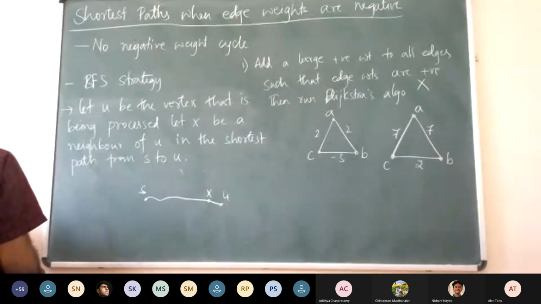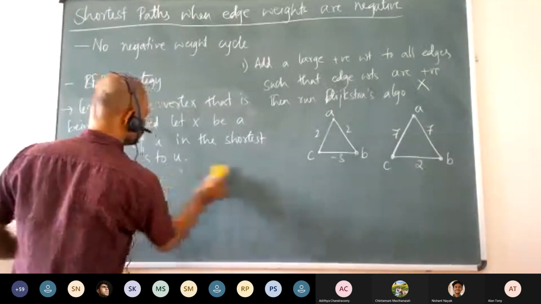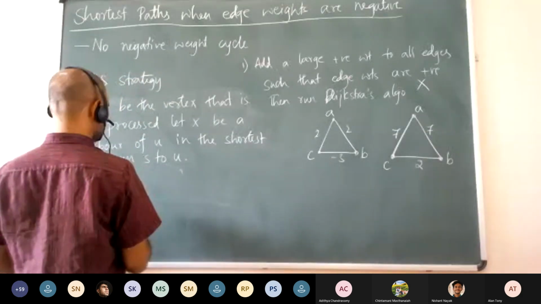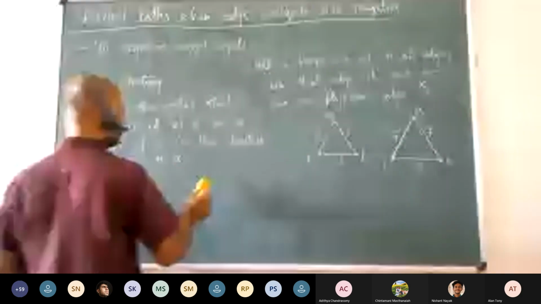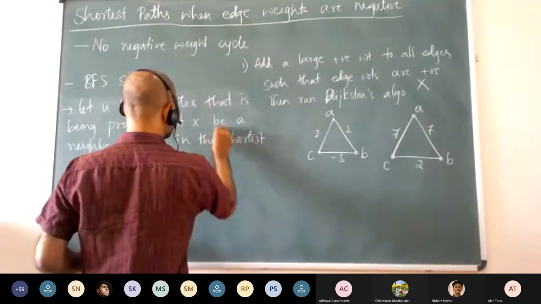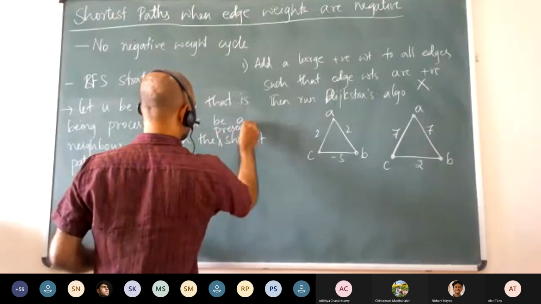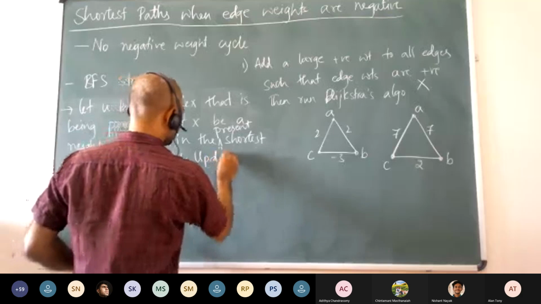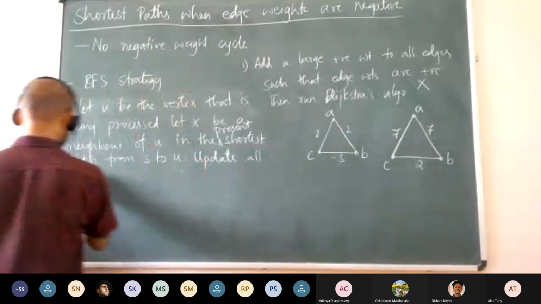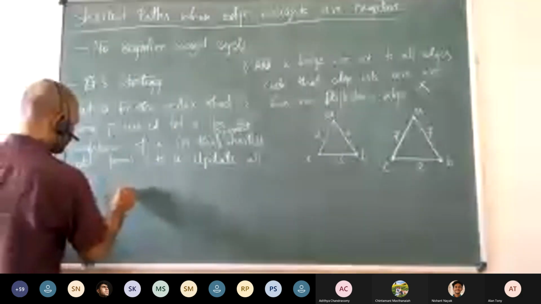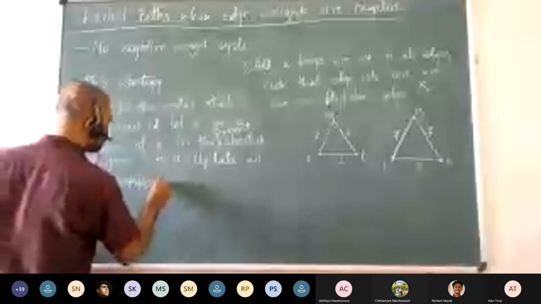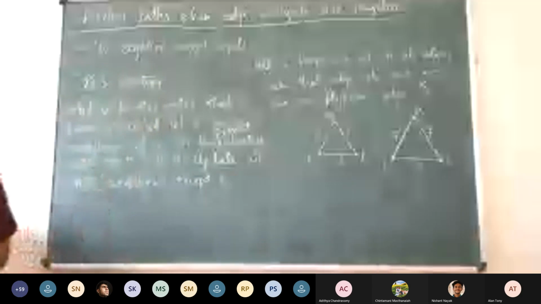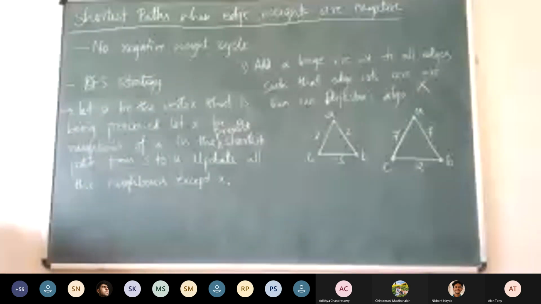So, the neighbor present in the shortest path from S to U. Update all other neighbors except X, right? So is this what you said, Aditya?